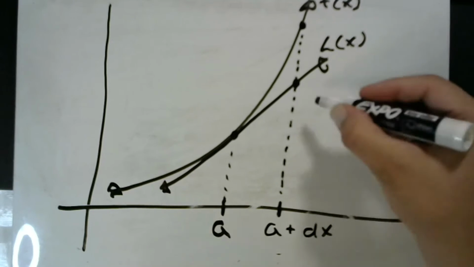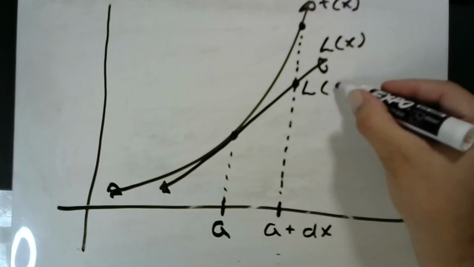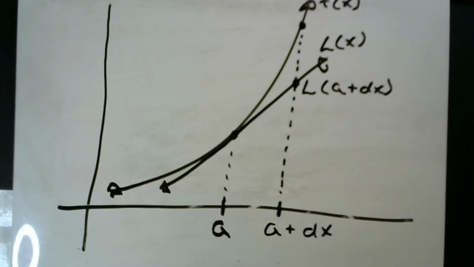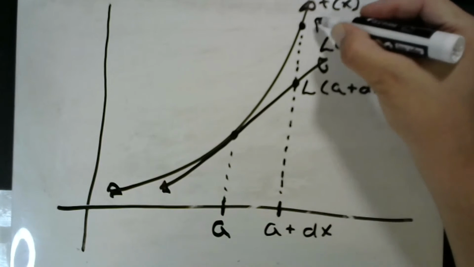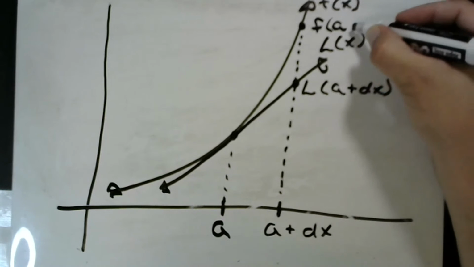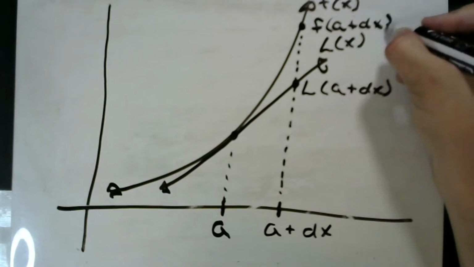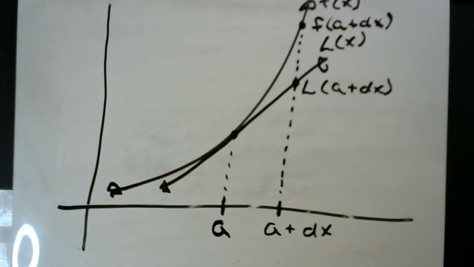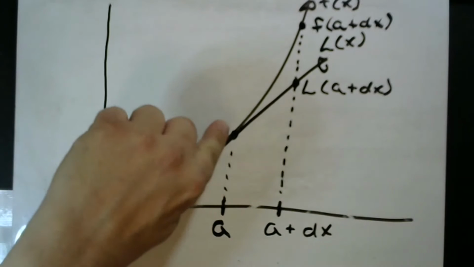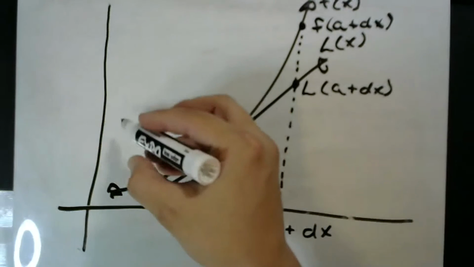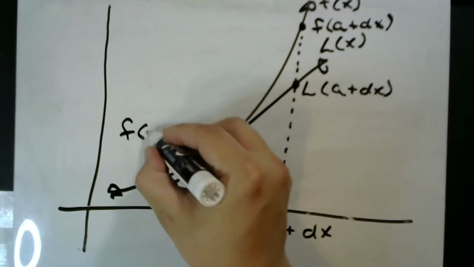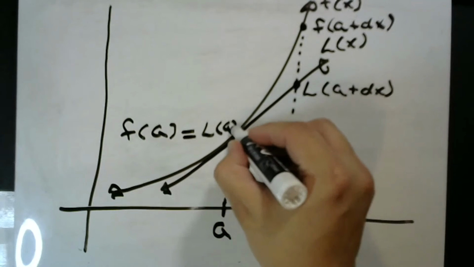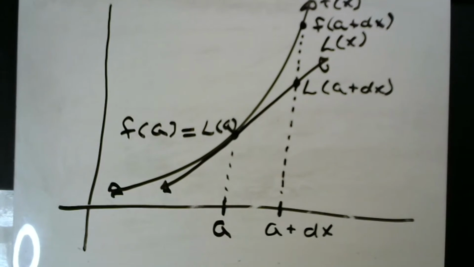So if we take a look at the points, this is L, and we have a plus delta x, because that's the x value here. And as you would guess, this is going to be f of a plus delta x. So there's your L, and there's your f at that location. Now here, L is tangent to f, so they're equal. So f of a equals L of a.